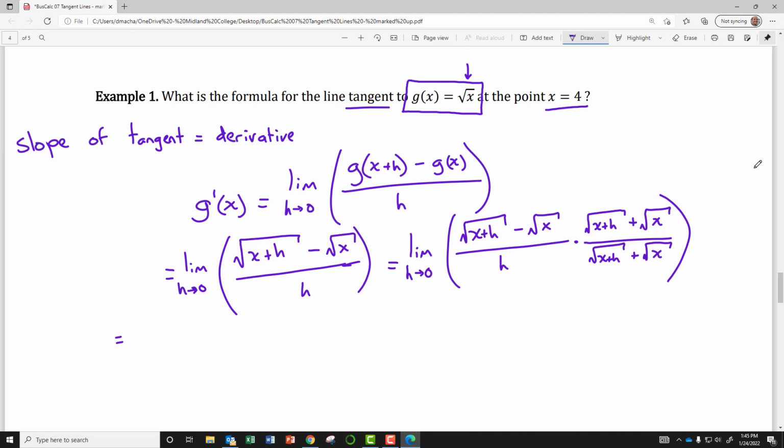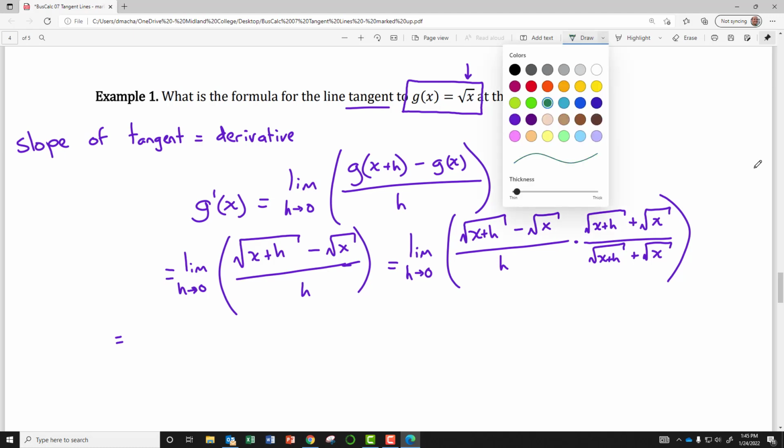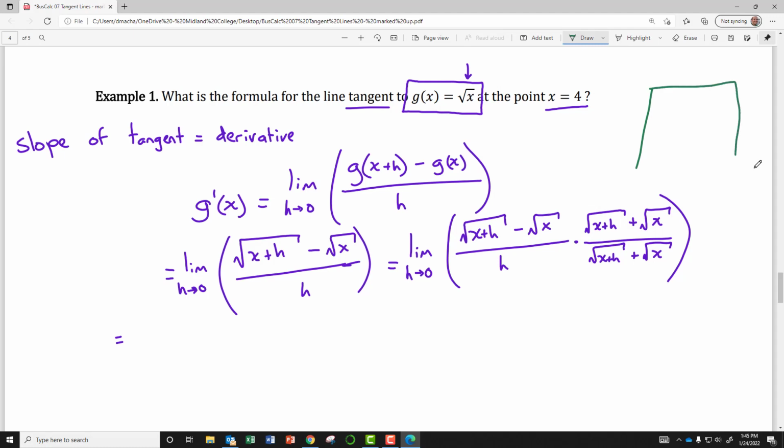Now what we're doing in the numerator when we multiply across is a little bit tricky, and so I'll take it over here to the side, and I'm going to draw a little box to make sure I don't make any mistakes with my multiplication. And so what I have is square root of x plus h minus square root x times square root of x plus h plus square root x. So in this box in the top left, what I'm going to get is just x plus h.